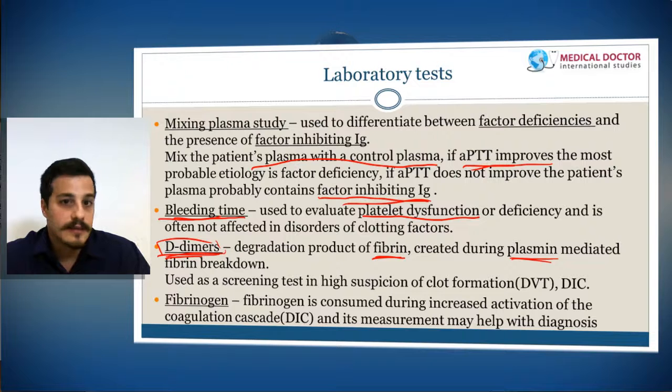The D-dimer test is a non-specific test, but it is highly sensitive to any occurrence of increased thrombotic events within the body, and as a result, increased degradation of the thrombi. So it is used in screening tests when we have high suspicion of clot formation, for example, in DVT, in disseminated intravascular coagulation, etc.